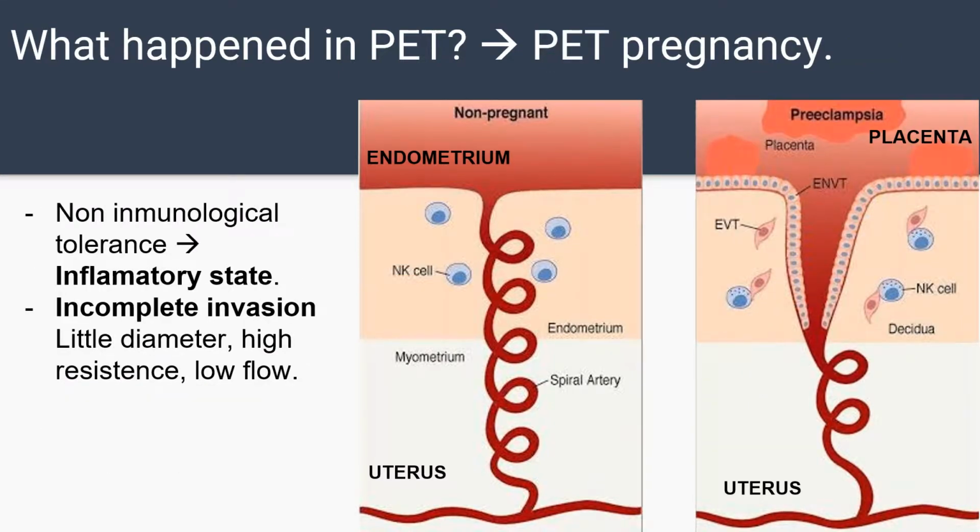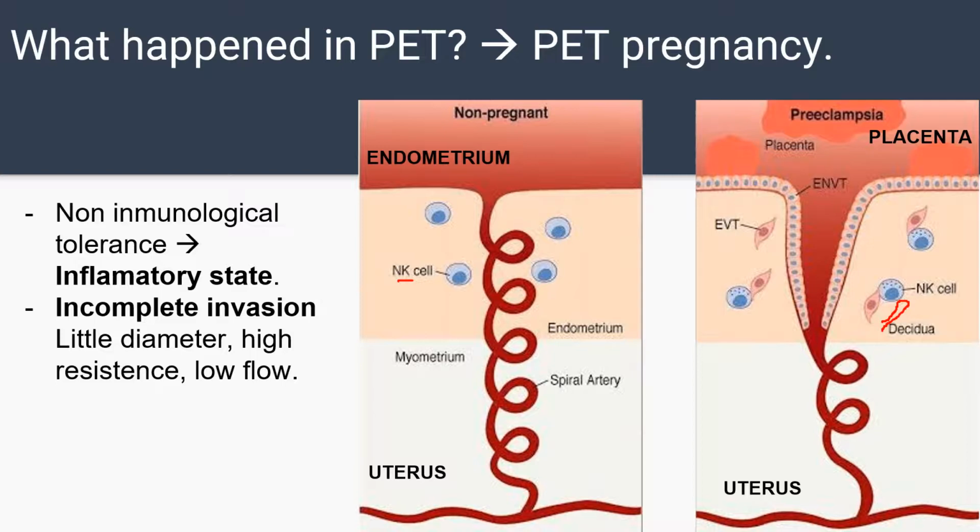On the other side, in a preeclamptic patient, the process of placentation is different. Why? Because the natural killers don't work very well, and they recognize the cells of the mother and start an inflammatory process, because they are recognizing the placenta as a foreign body.